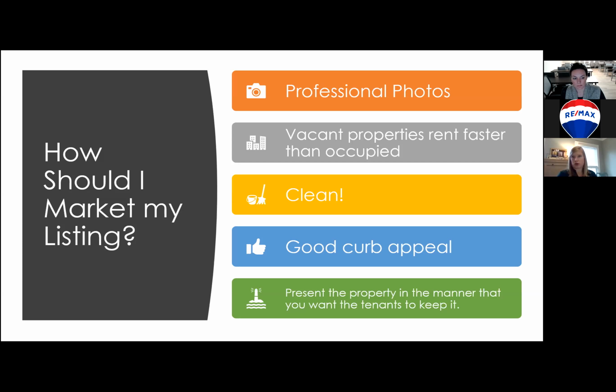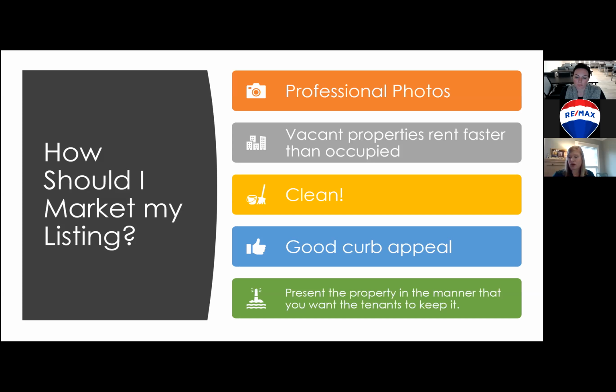Clean, that's super important. You don't want tenants to walk into a home that has ring around the toilet and dust bunnies. Dead bugs are a huge thing. So you want to keep on top of that property and make sure that it's clean and presentable. Good curb appeal. Keep that yard maintained when people are driving by. And you want to present the property in the manner that you want the tenants to keep it.